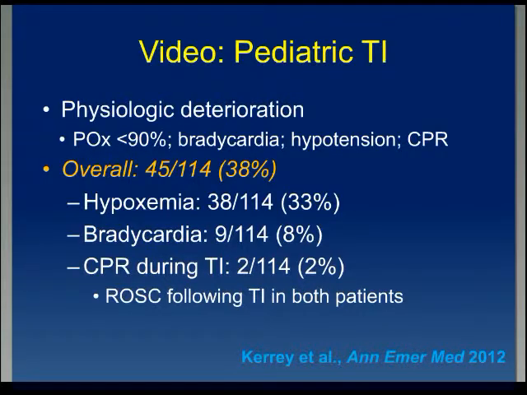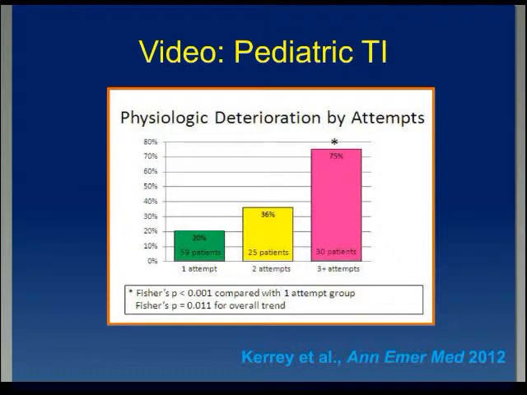And the other thing he found that I think is very important is that the likelihood of one of these physiologic deteriorations occurring became statistically much more likely following attempt number 2. So if more than 2 attempts were necessary, there was a sharp uptick in the likelihood that there was going to be a physiologic deterioration during intubation.